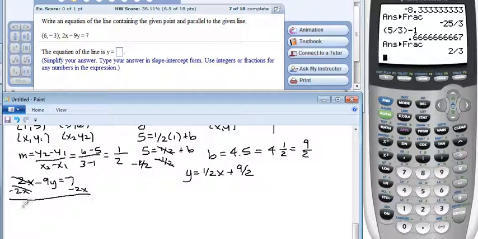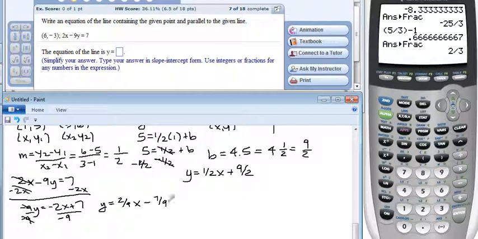I've got negative 9y is negative 2x plus 7. Divide through by negative 9, all of this. Okay, and then I'm going to clean it up. I'm going to split it. So I've got y is equal to negative 2 over negative 9, which is a positive 2/9 x, and then I've got negative 7/9.